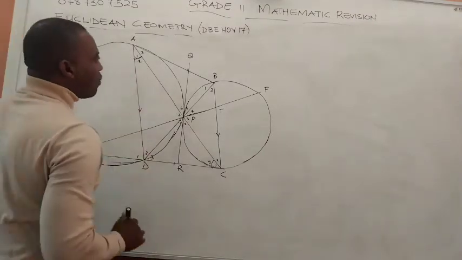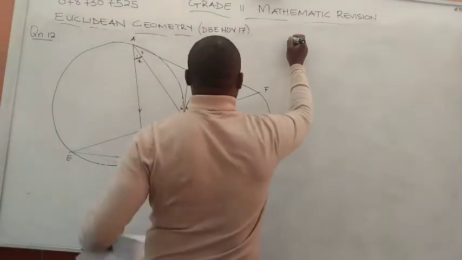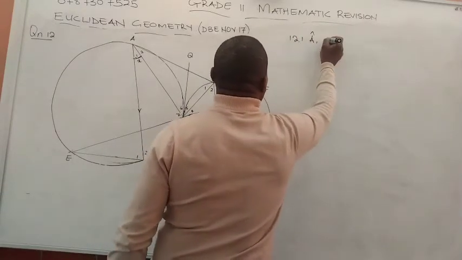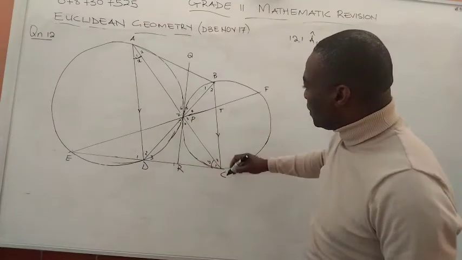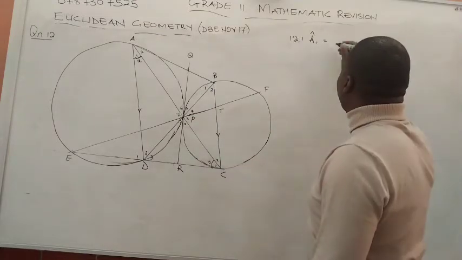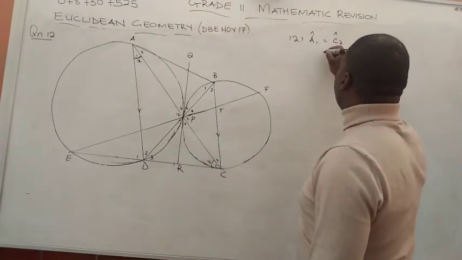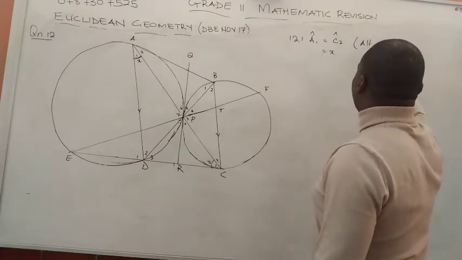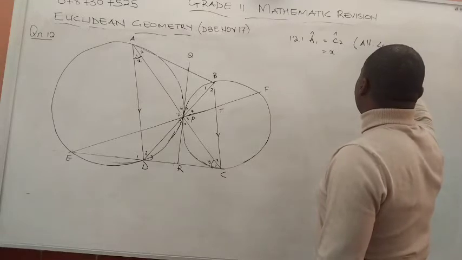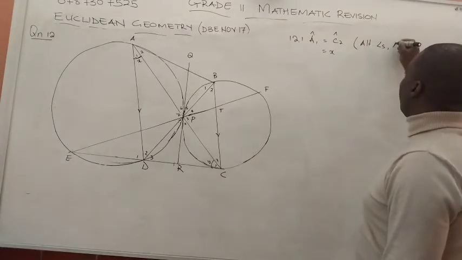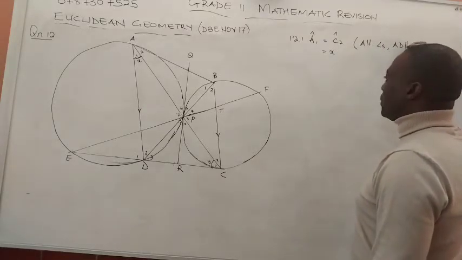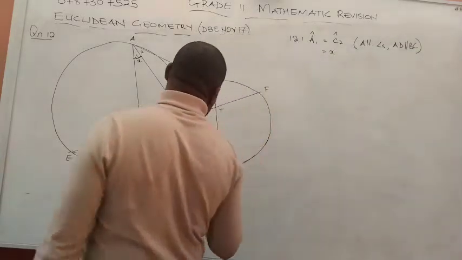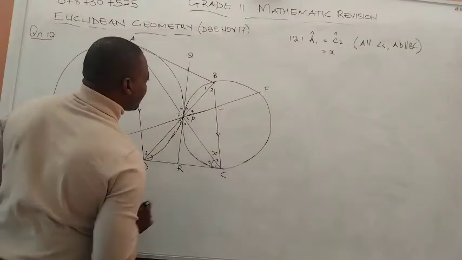So angle A1, that is 12.1, using the parallel lines, is equal to angle C2, that is x, and the reason is alternate angles. And state the parallel lines, AD is parallel to BC. Okay, so we're saying this is x.